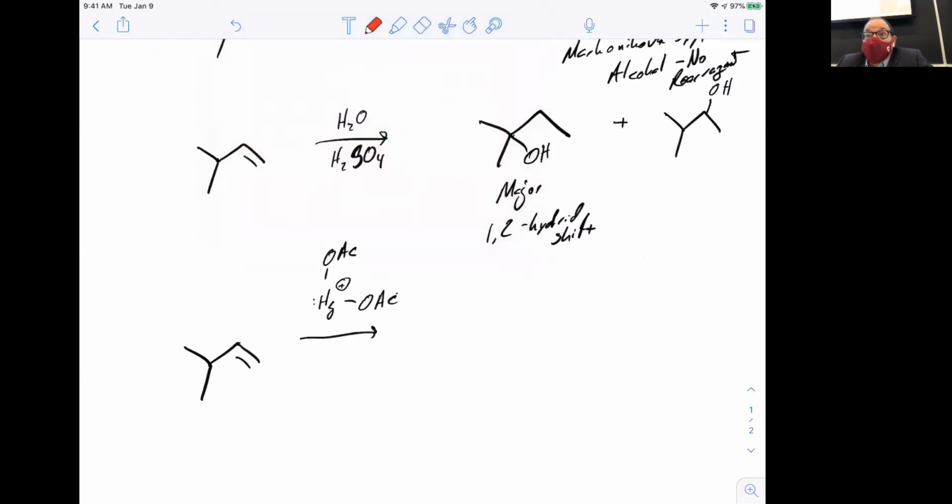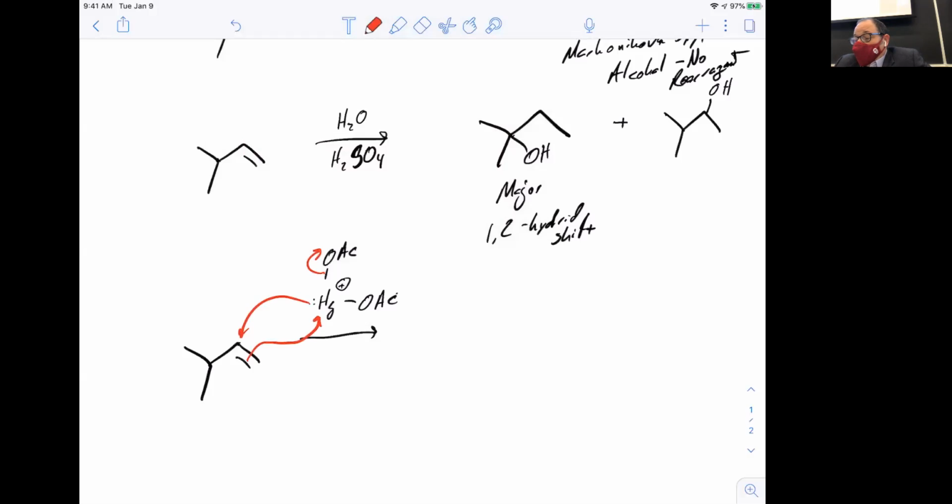So the alkene is nucleophilic, the mercury is partially positive, so it is electrophilic, so nucleophile attacks electrophile. Now a little bit different here, we have the mercury also then attacking the other carbon, the more electrophilic carbon, and with loss of a leaving group. This all occurs simultaneously.